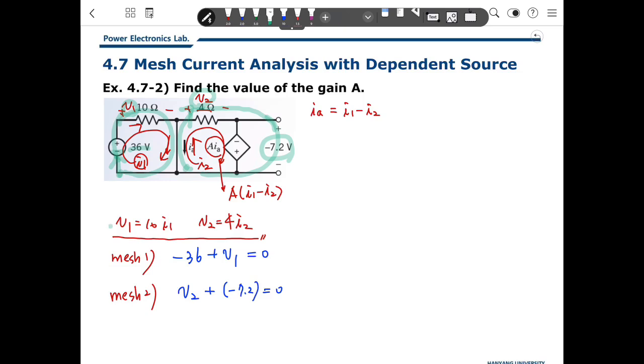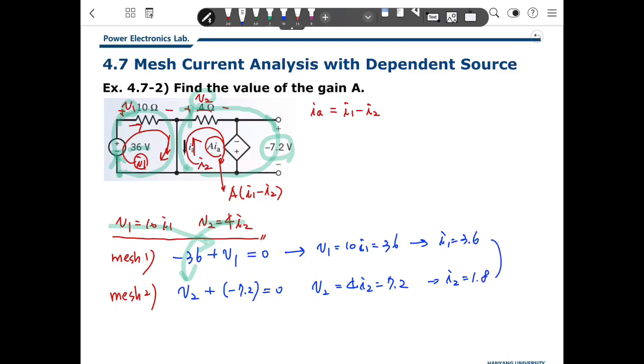So we insert those values here. We rewrite this equation: V1 is 10 I1 equals 36, and V2 is 4 I2 equals 7.2. From here, I1 is 3.6, and I2 will be 1.8. So based on this, IA is 3.6 minus 1.8, which is 1.8.